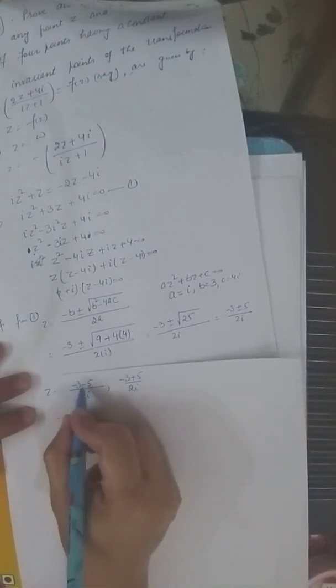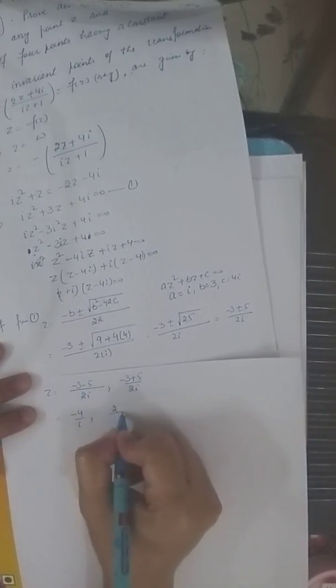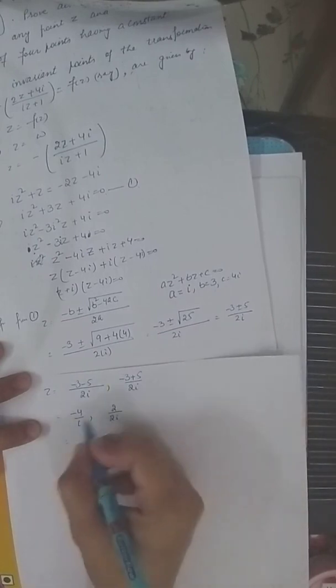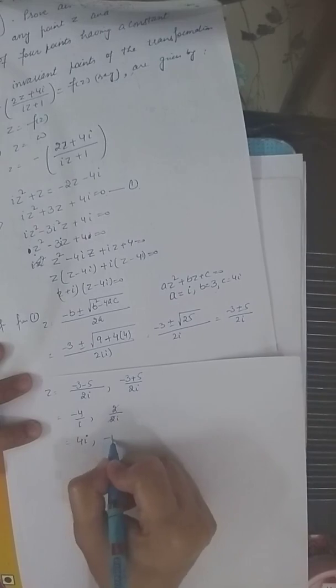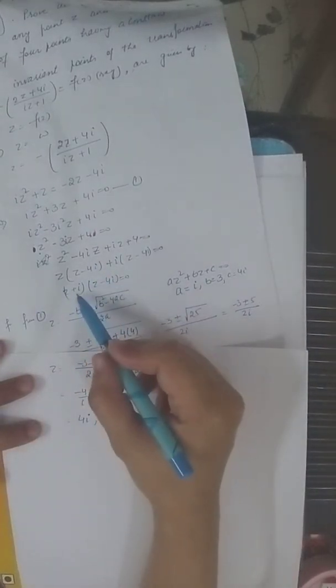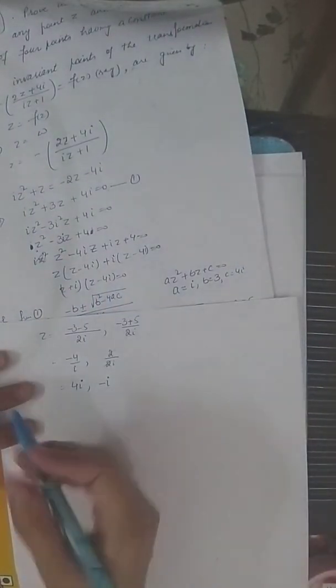That is minus 8 over 2 iota and 2 over 2 iota, or this can be 1 over iota, which is minus iota. Therefore you will get z equal to minus iota and z equal to 4 iota.